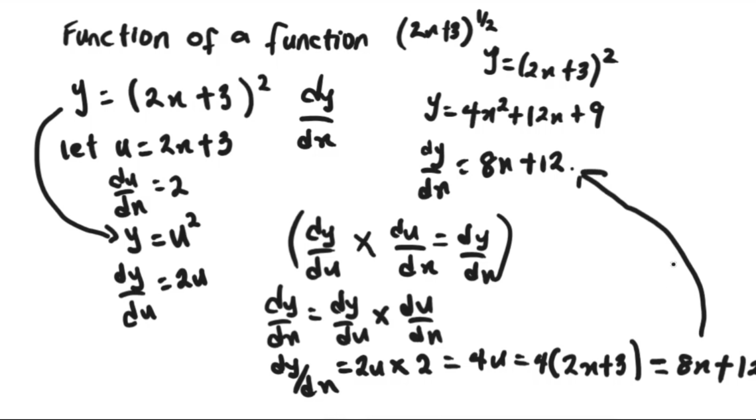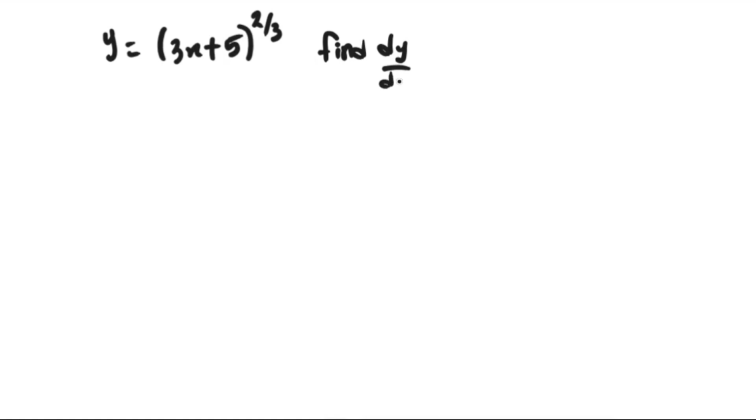So let's do another example that will be a little bit different to test our understanding much better. Let's say we have y is equal to (3x plus 5) raised to the power of 2 over 3, and we have to find the dy/dx.